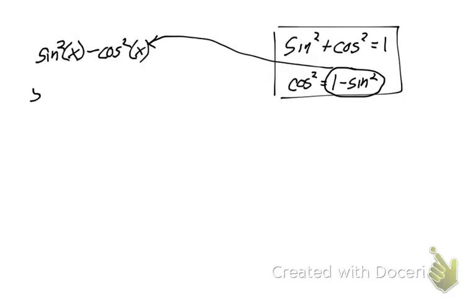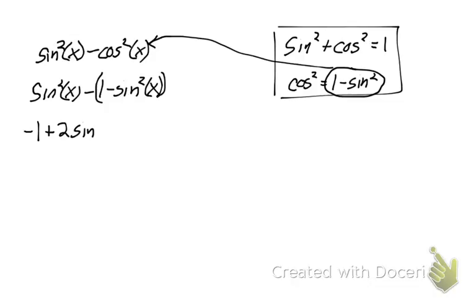So we'll have sine squared x minus, well, I have to put in parentheses because we're subtracting, 1 minus sine squared x. Distributing that negative sign, it would equal negative 1 plus 2 sine squared x.